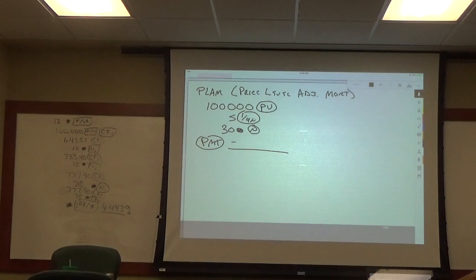It's monthly: $536.82, 12 payments per year, just to make it clear. Okay. Now, at the end of that year, we calculate our balance.